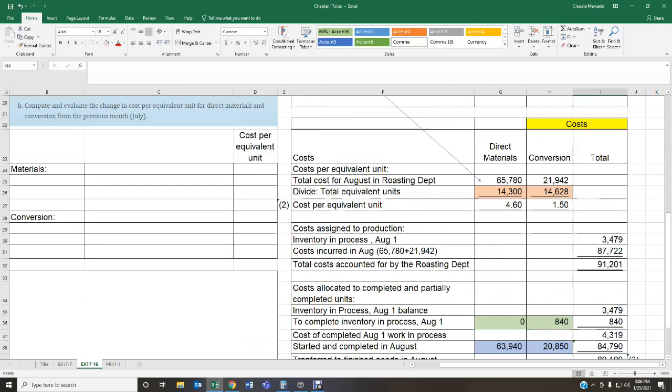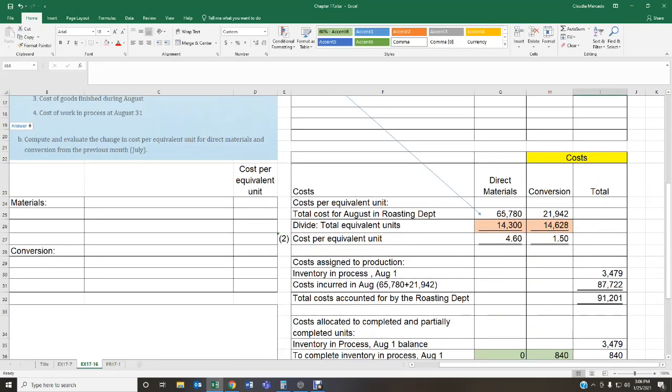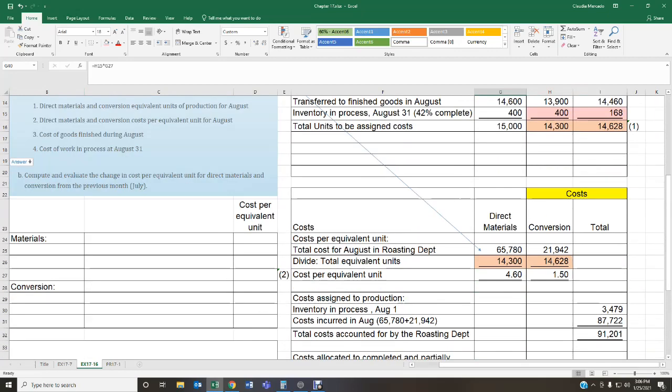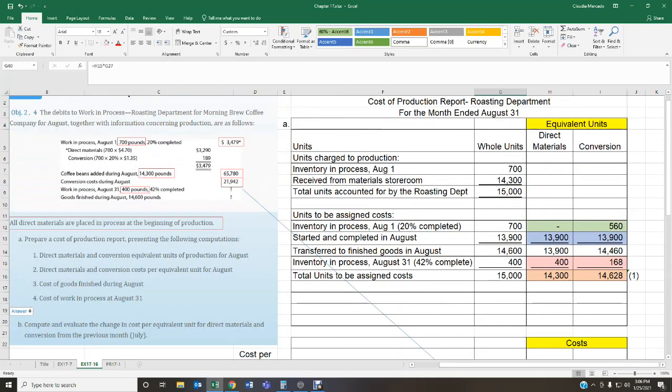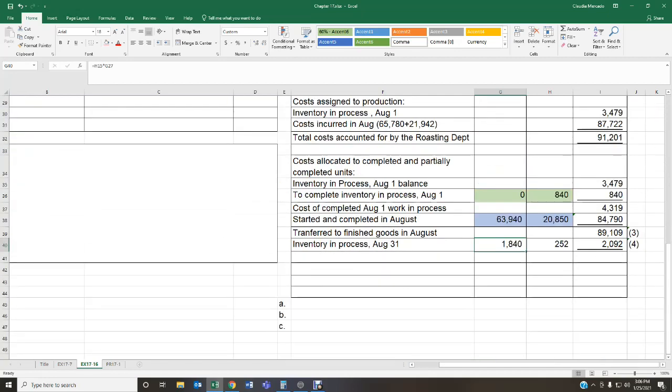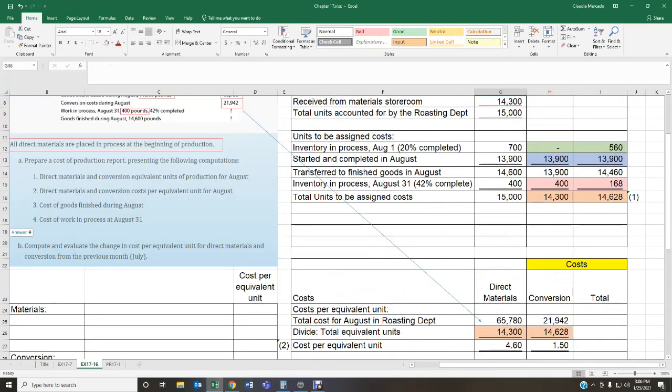So requirement 4 is, what is the cost of the work in process as of August the 31st? Well, your inventory in process as of the end of the month, we calculated the 1,840 by getting our equivalent units of production for direct materials for the inventory in process, 400, times your direct material cost per equivalent unit of 460, and that gave us the 1,840. And then these three numbers tie back to this.